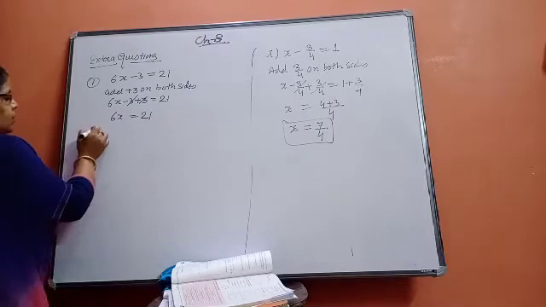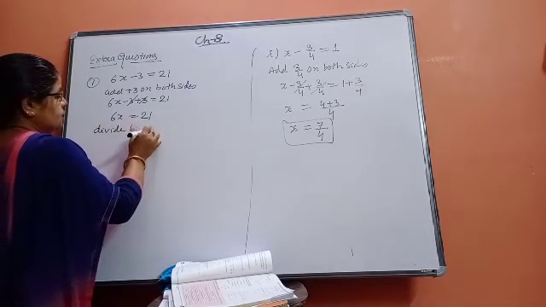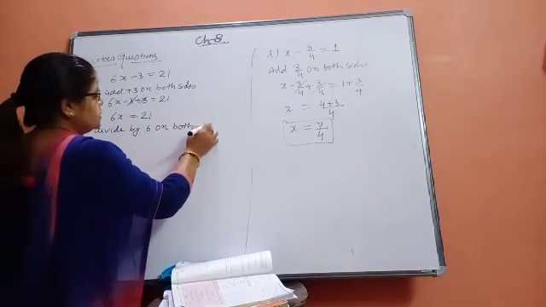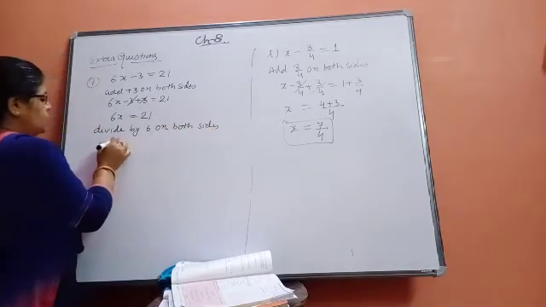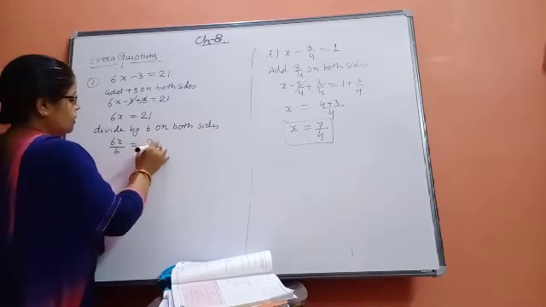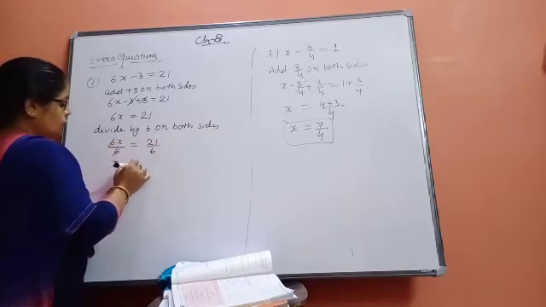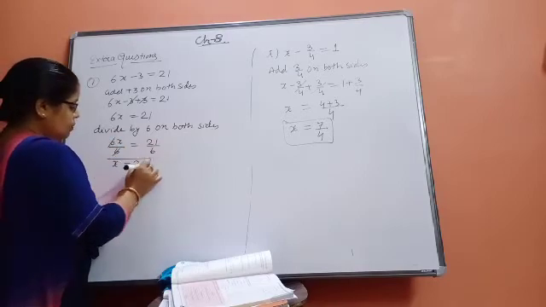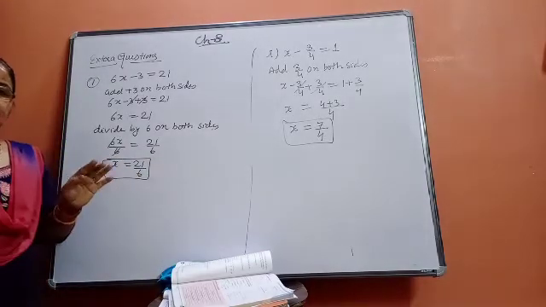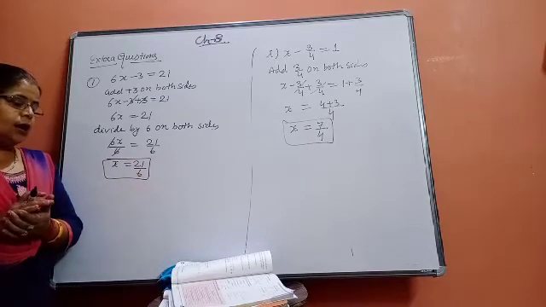So divide by 6 on both sides. So 6x upon 6 is equal to 21 upon 6. 6 and 6 will become cancelled. So x is equal to 21 upon 6, and this will be your answer, because 21 is not coming in the table of 6. So whatever is in fraction form will be your answer.